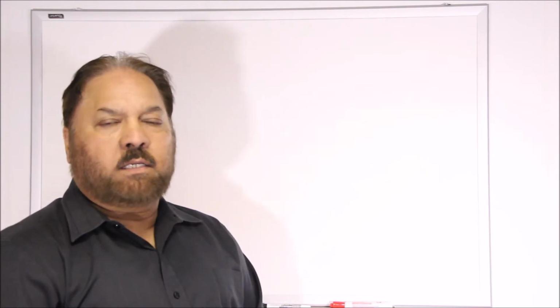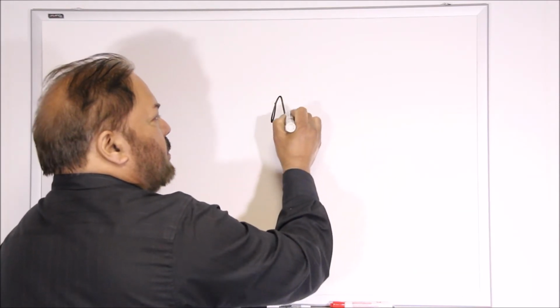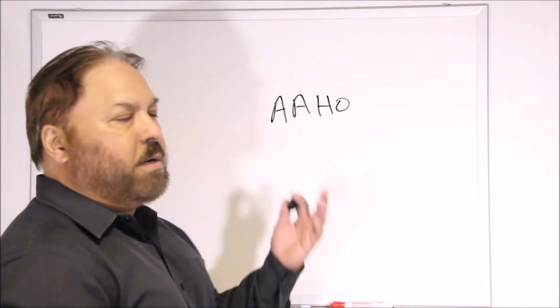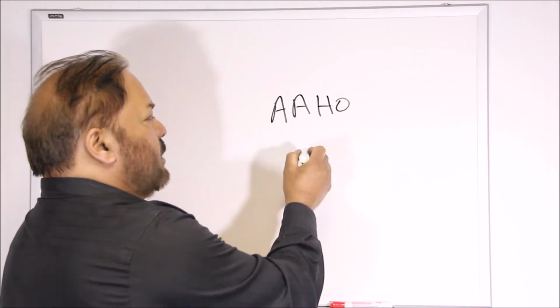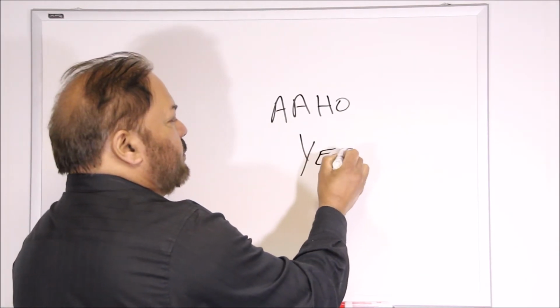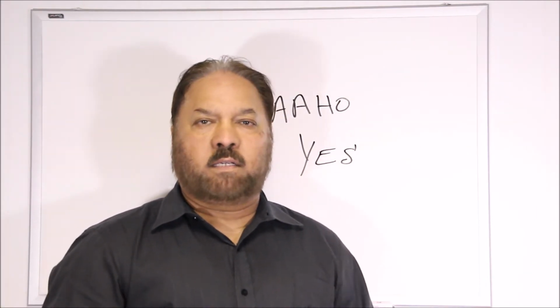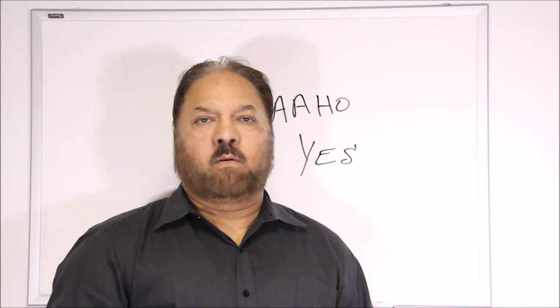One example is, we can write down Ahoo, something like this. We pronounce this Ahoo. This means yes. And I will say, do you know this? And they say Ahoo. That means yes, I know.